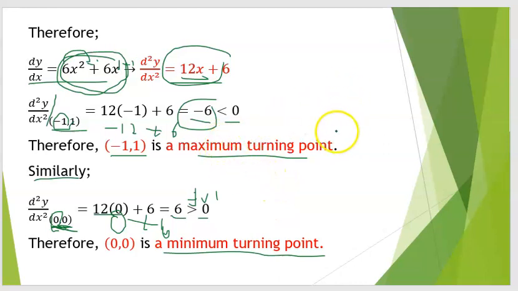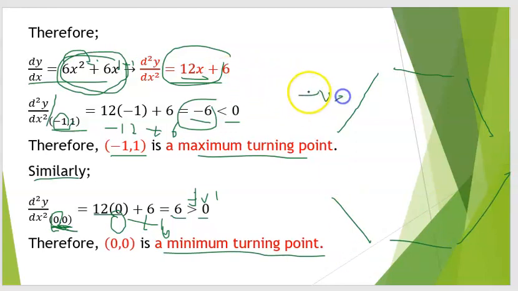If you are to draw this one, you will see something coming up like this, then dropping. And for the other one, you'll see something coming down this way and then rising. So here we'll have a positive gradient, then a 0 here, then a negative on the right. Similarly, here you'll have a negative on the left, then a 0 at the center, and then a positive on the right.